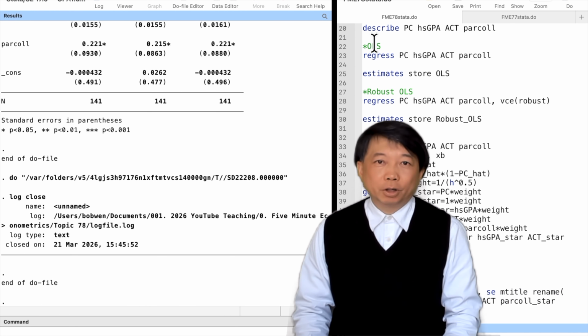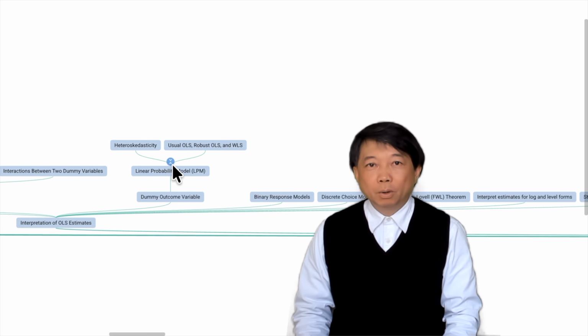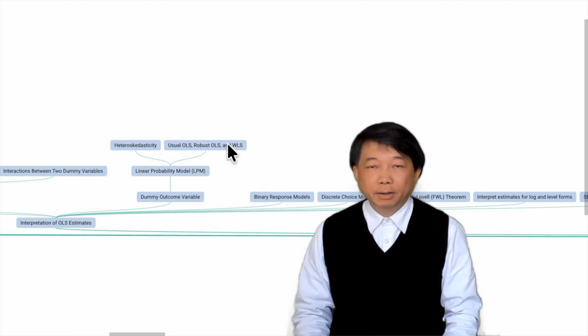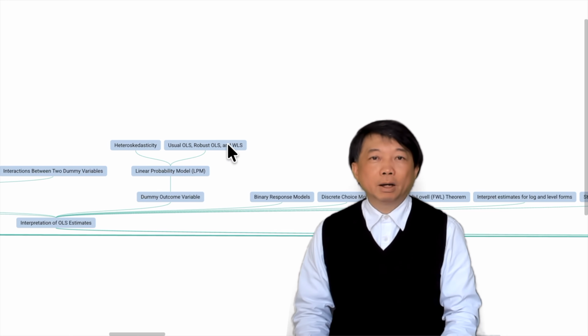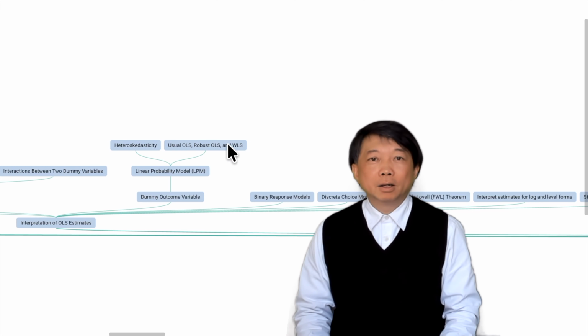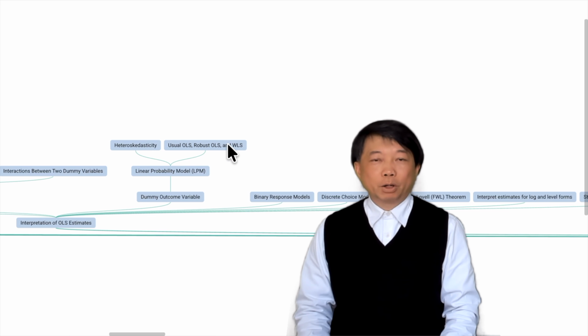In many applications, the usual OLS estimates are not far off, and they are acceptable in the statistical inference. However, it is better to report the usual OLS, the robust OLS, and the WLS estimates and statistics for the linear probability model.